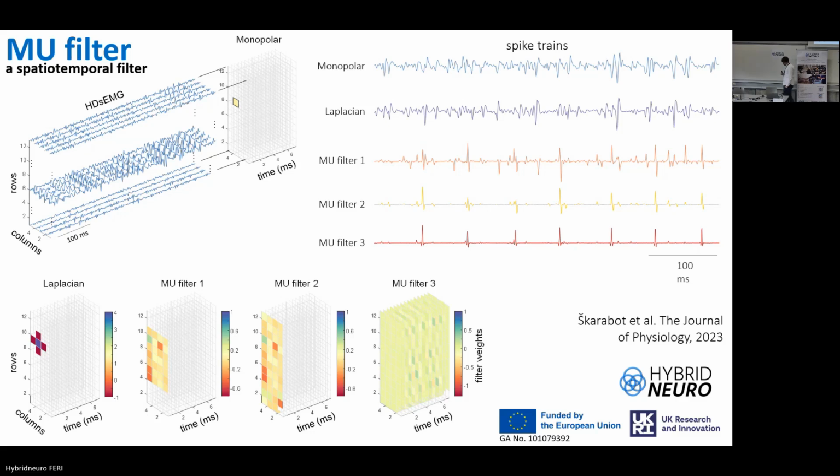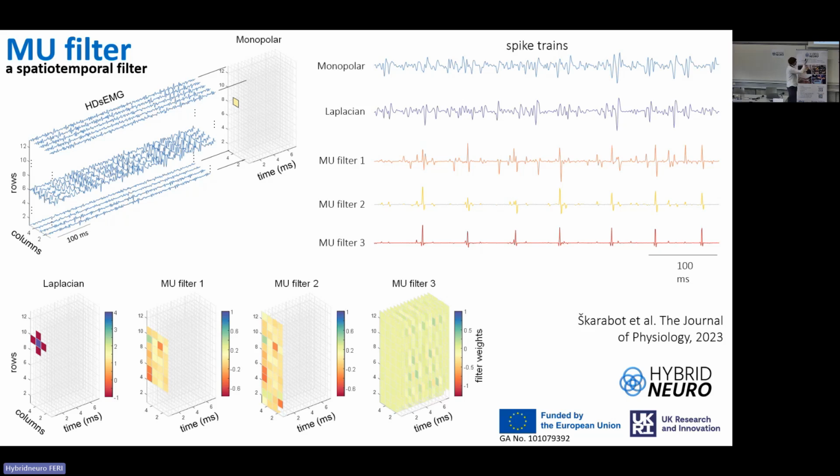So there is some sort of sparseness that can be seen, but we still have a contribution of more motor units in the same signal. So what we can do is go a step further and add more spatial dimensions.